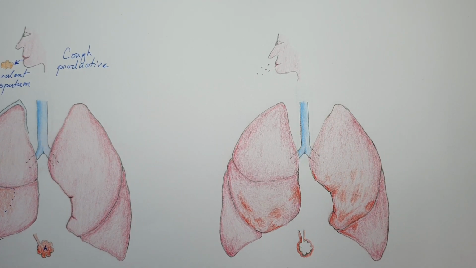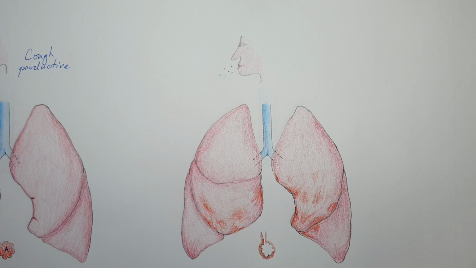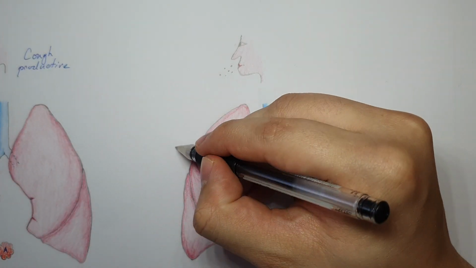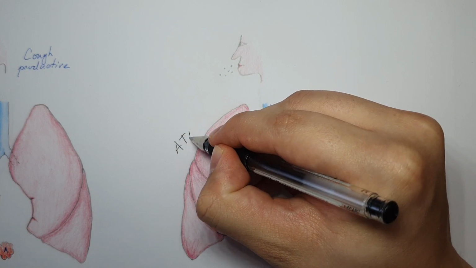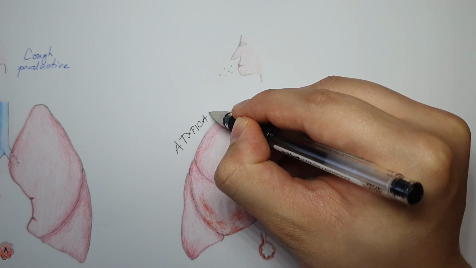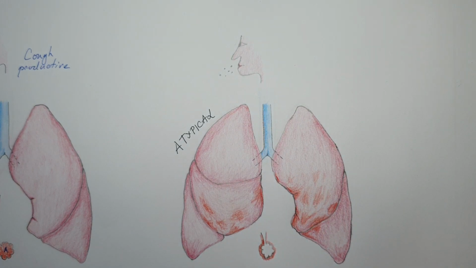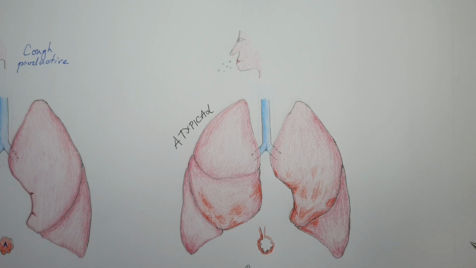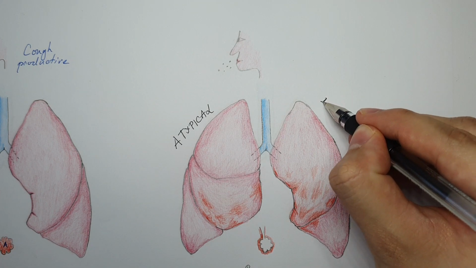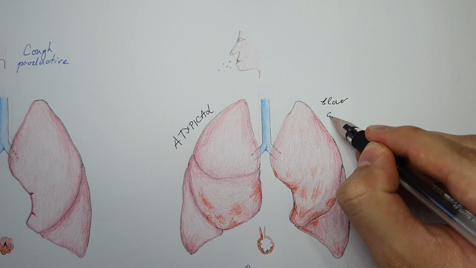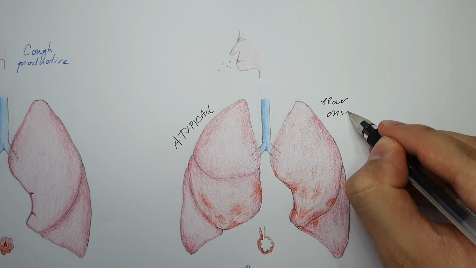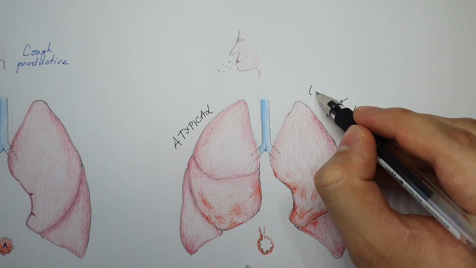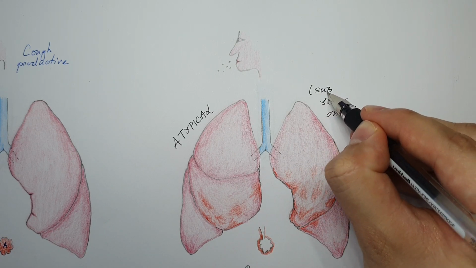we have the atypical situation. So in these atypical pneumonias, things are different. These pneumonias have a slow onset, or better to say, they are subacute.